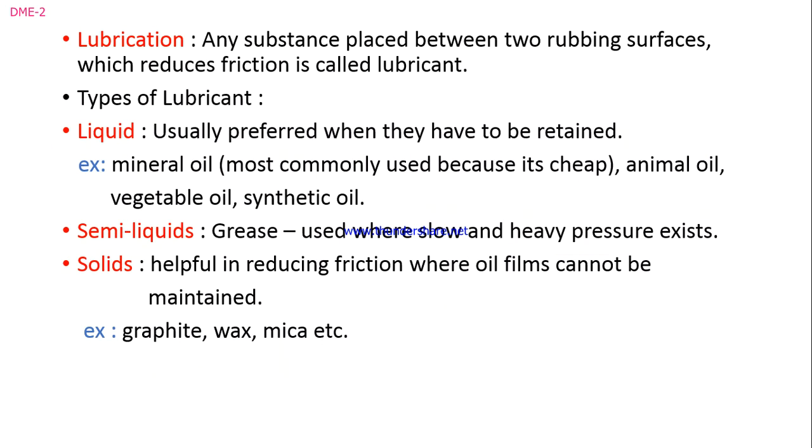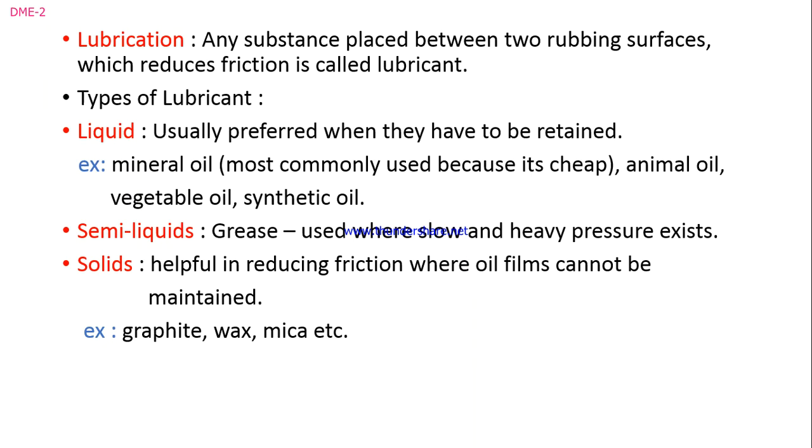Some examples of liquid lubricants are mineral oil, animal oil, vegetable oil, and also synthetic oil. Mineral oil is the most commonly used because it is very low cost. Then in the semi-liquid case, you must have seen grease in the majority of automobile applications.